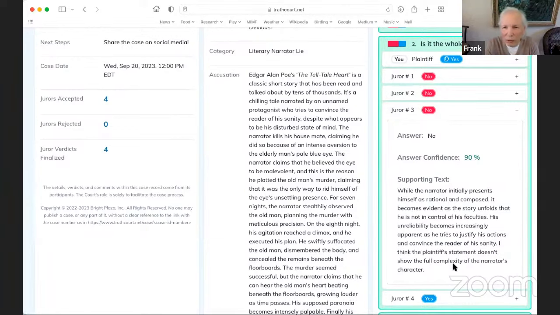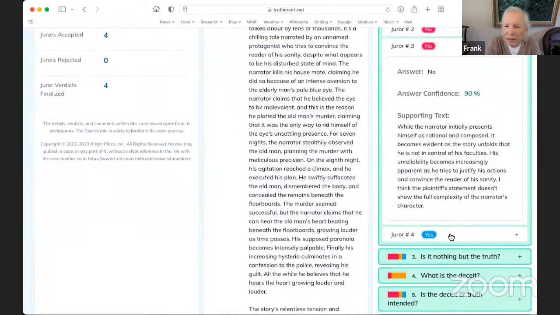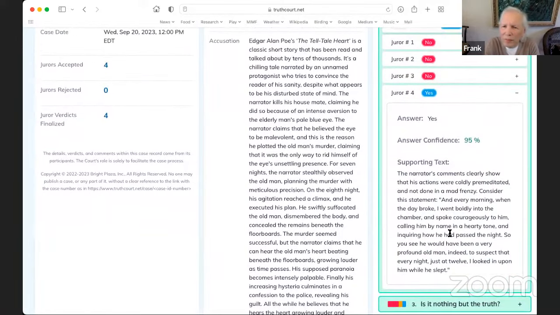Okay, again, good answer. And juror number 4 agrees, yes. Narrator's comments clearly show that his actions were coldly premeditated and not done in a mad frenzy. And Bob made a good comment that madness doesn't always mean frenzy, but I know that. But I agree also with this answer.